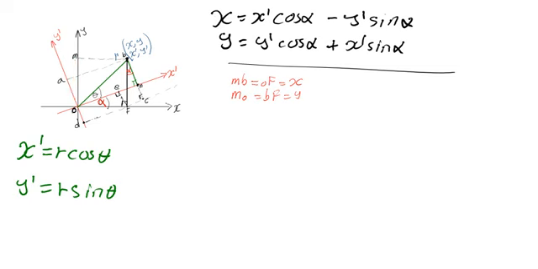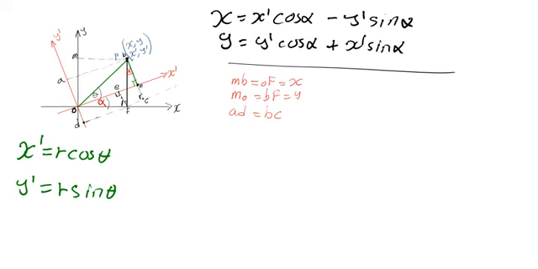Alright, then what else do we need to know here, or what we need to have is the fact that my AD, from A to D, is equal to BC.